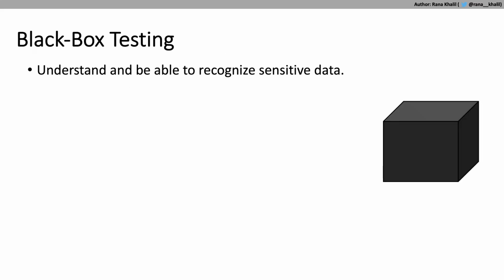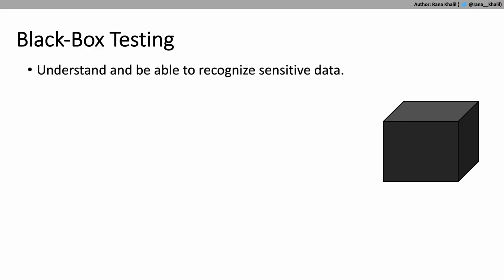Alright, before we start off with talking about how to test applications from a black box perspective, it's worth mentioning that sensitive data could be leaked in all kinds of places. And so the first step is to really understand which data is sensitive and be able to recognize it when you come across it in an application.